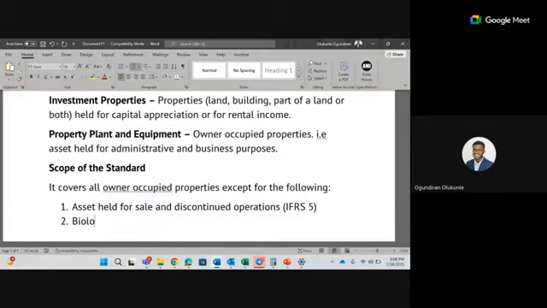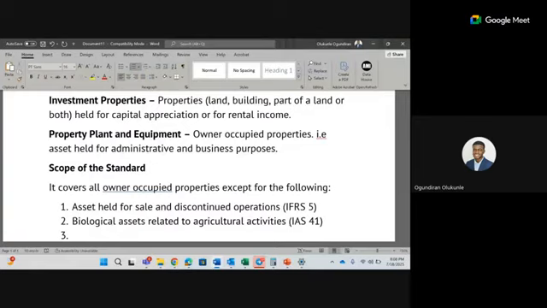So number 2 standard is biological assets related, and that's IAS 41.